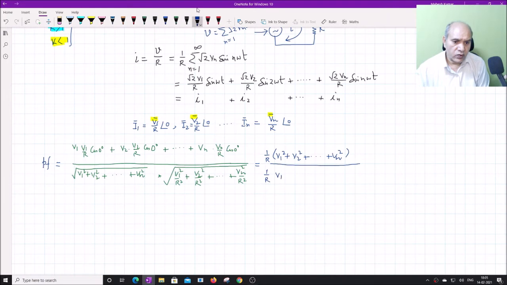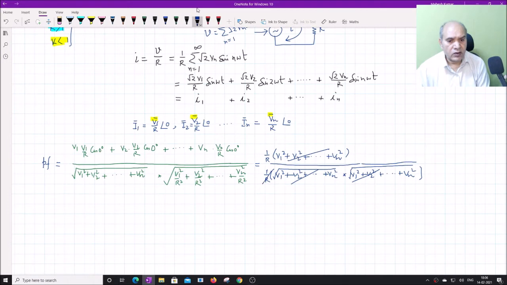This is square root of (b1 square plus b2 square till bn square) into, again, square root of (b1 square plus b2 square till bn square), close the bracket. So this becomes same as the numerator, and finally 1/r goes with 1/r, and this becomes equal to 1.